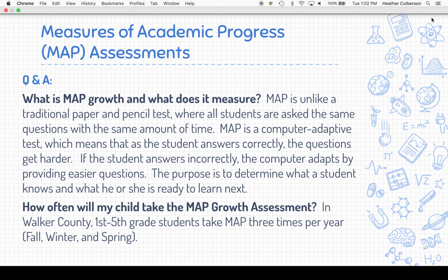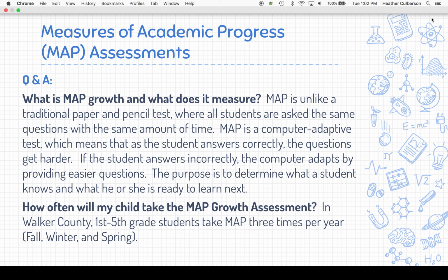So what is MAP Growth and what does it measure? Well, MAP is unlike a traditional paper and pencil test where all the students are asked the same questions with the same amount of time. It isn't. MAP is a computer adaptive test. They take it on their Chromebooks, which means that as the student answers correctly, the questions get harder and harder.